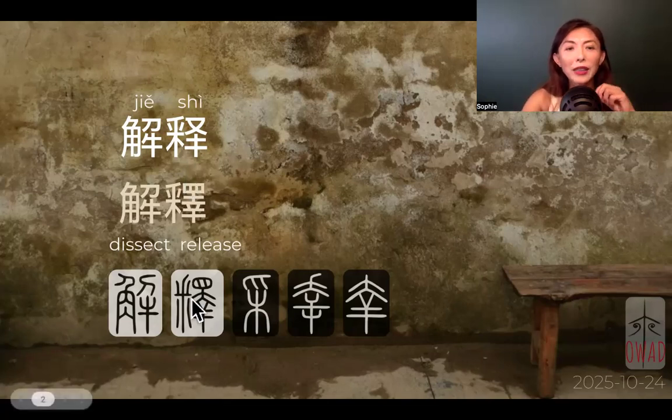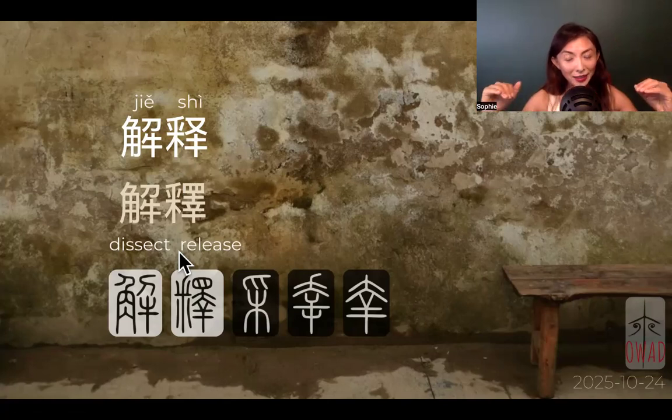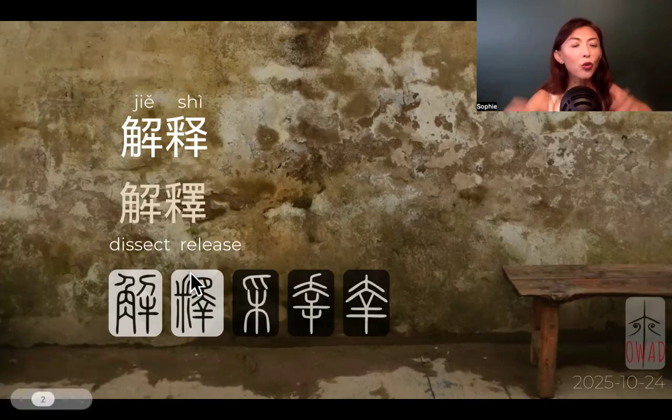And so this detective hat means you're trying to understand something. And once you understand it, you can let go, you can release it. And together you dissect, you separate things, and then you can, as a detective, find out who caused what, right? And then you can release it.